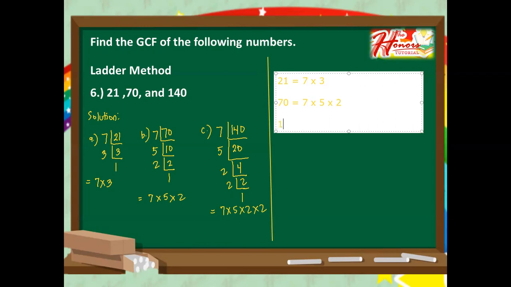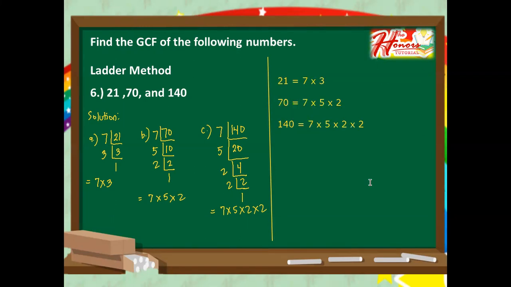We also have here 140 is equal to 7 times 5 times 2 times 2. Now, I want you to look for partners of the number.